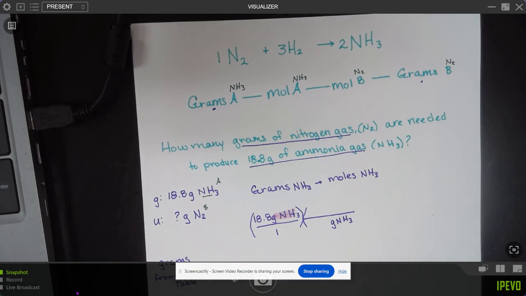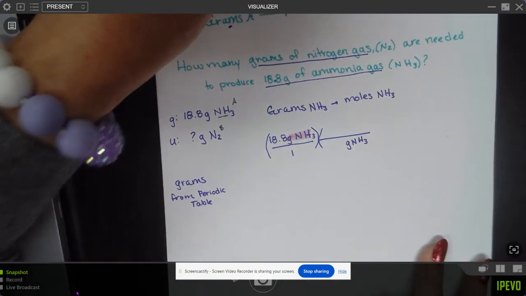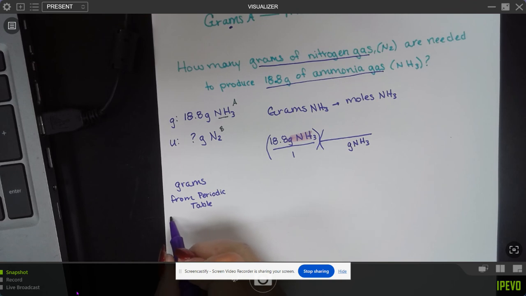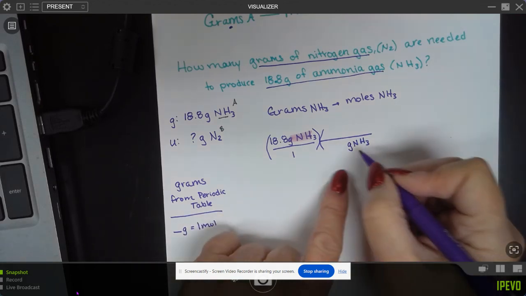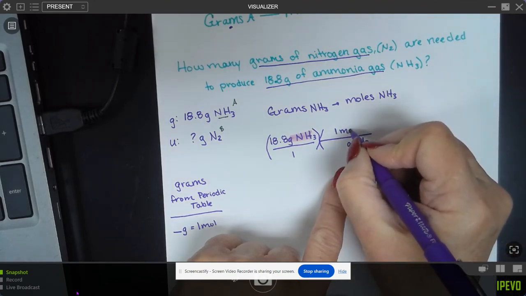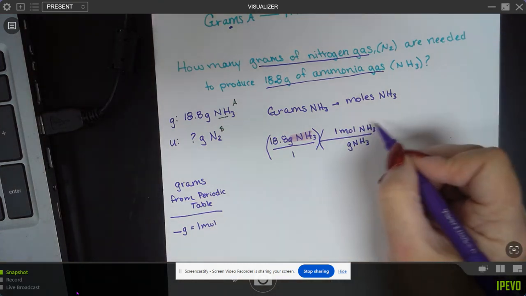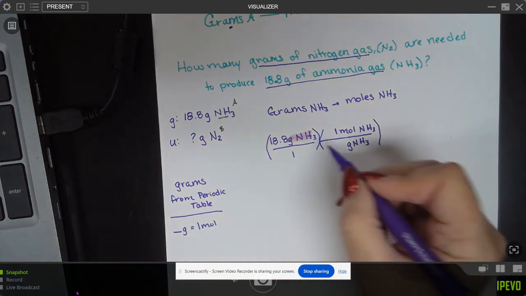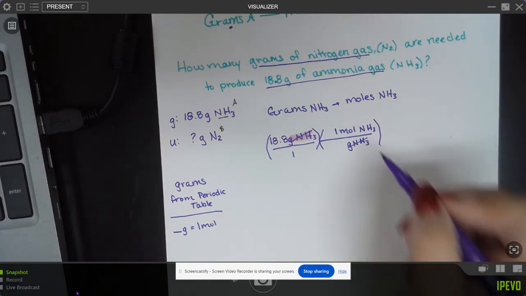Grams always come from the periodic table. And when we have grams, whatever number our molar mass is equals 1 mole. So when I have grams on the bottom, I'm going to have 1 mole of that substance, NH3, on the top. This way, once again, my units will cancel.